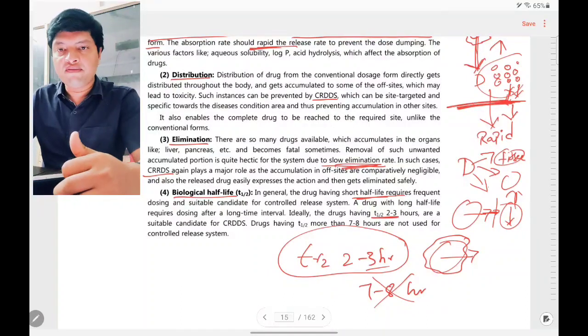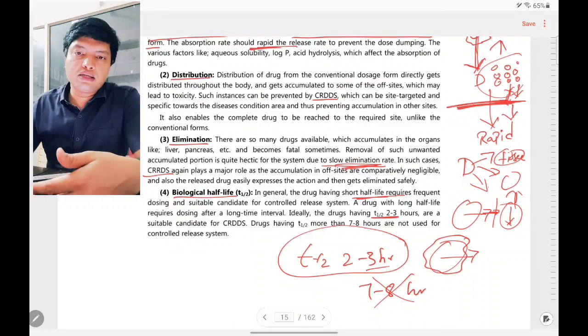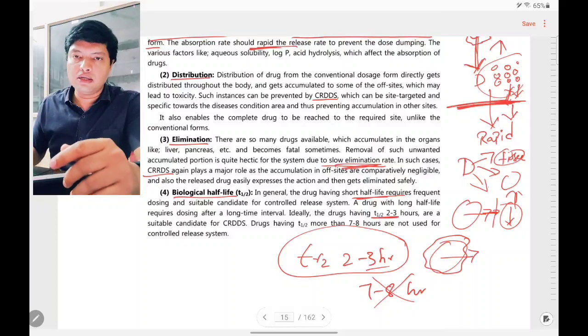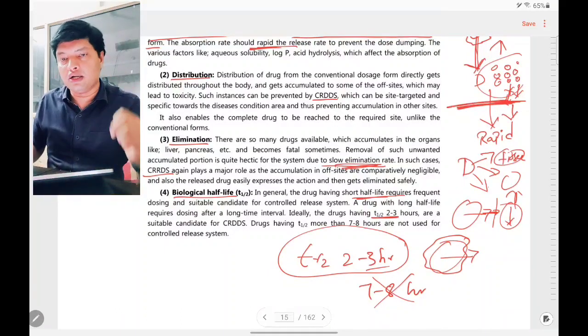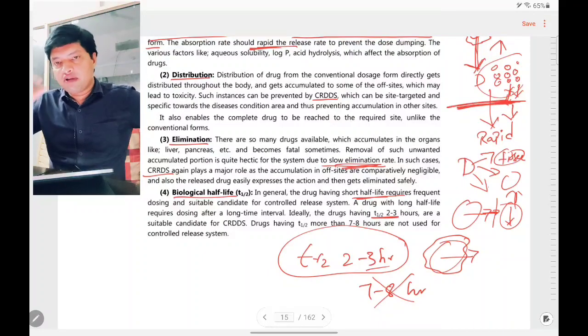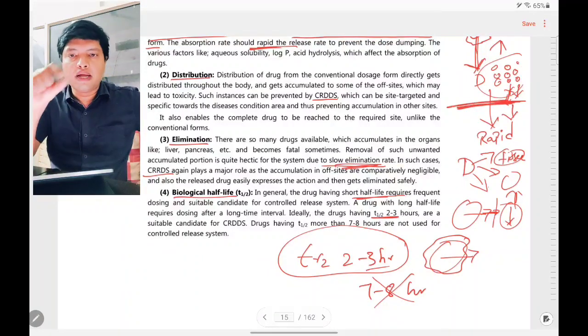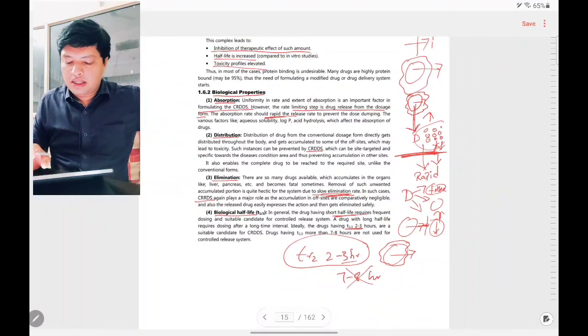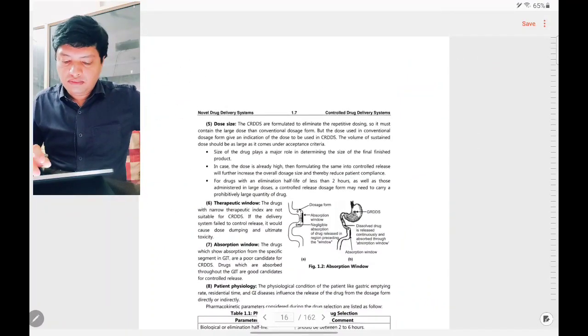Remember, if it has a long half-life, it itself is performing sustained activity. Why should I again convert the drug into a controlled release dosage form by spending so much money and knowledge, when it already has a long half-life? So drugs with short half-life are the good candidates for formulating into controlled drug delivery systems.